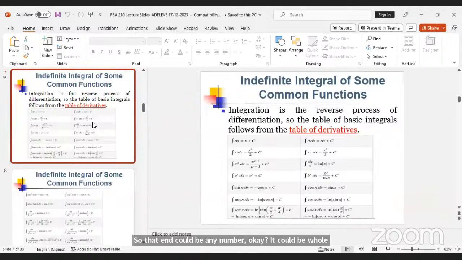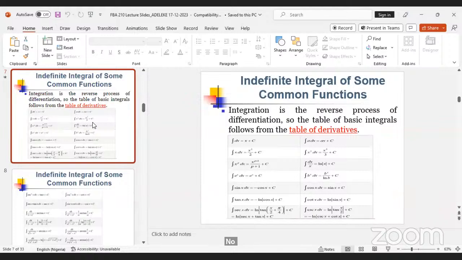And then there are some other functions that have standard integrals, like the exponential function, the trigonometric function, and so on. They have the standard integral, which has been taught at the 100 level.